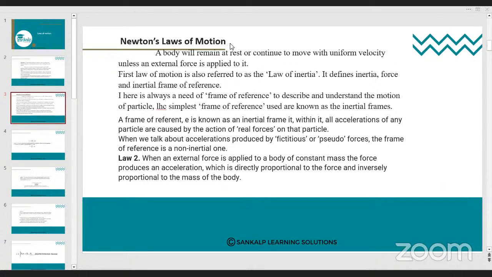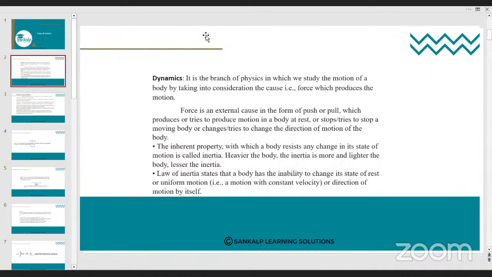So what is Newton's first law of motion? Okay, you already told me that it is completed in your school, so anyone can define it. Define the first law of motion. All the three laws, one by one.